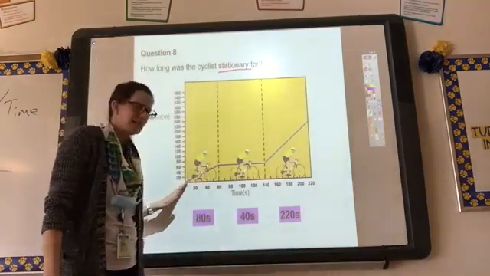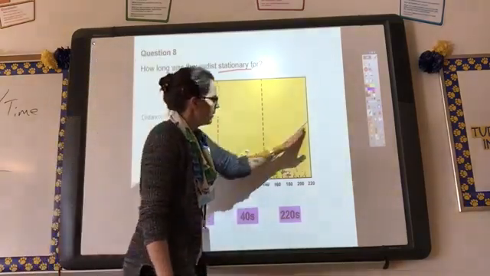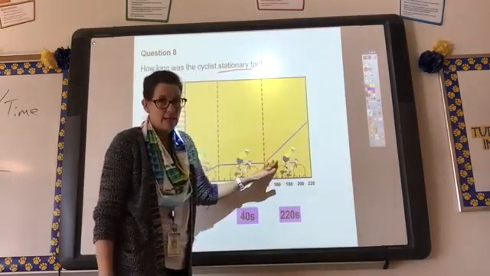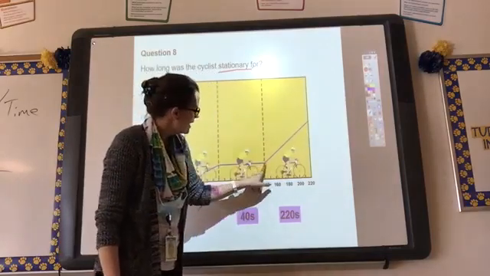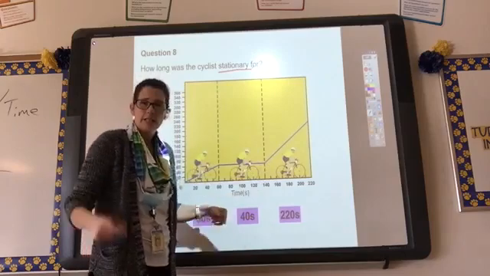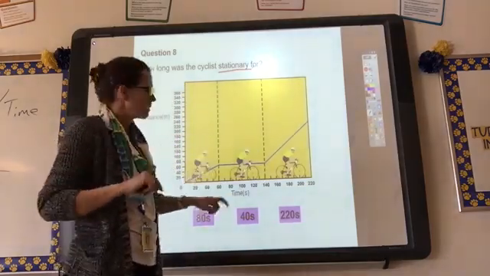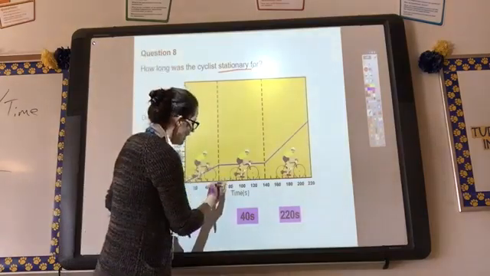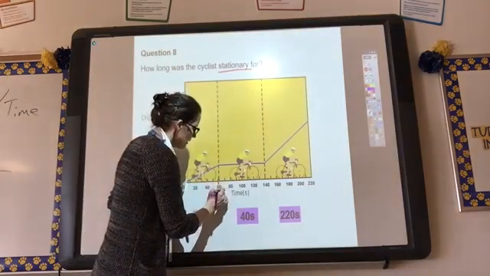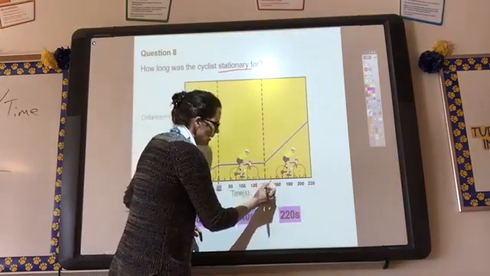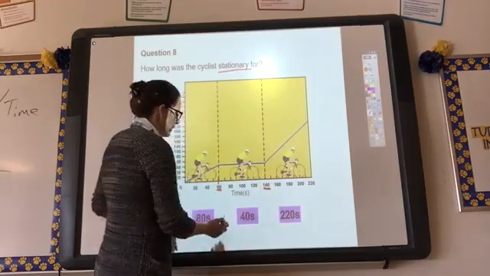This isn't it. That's a diagonal line. This one over here is not it. That's a diagonal line too. So we want this one right here in the middle. This cyclist is taking a rest. He's hanging out. We know he's at rest because we have a horizontal line. We need to figure out how long he was stationary for. So it might be hard for y'all to see, but I'm going to tell you, so that's okay.